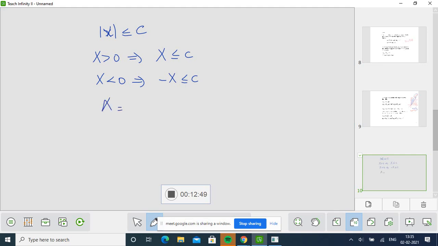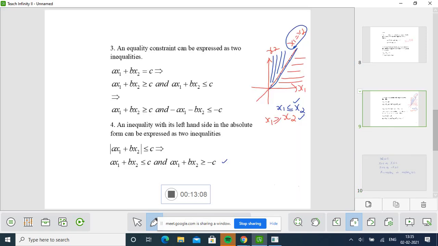Now let me take x equal to ax1 plus bx2. So this implies ax1 plus bx2 is less than or equal to c, and I also need to use the same notation which is over here.